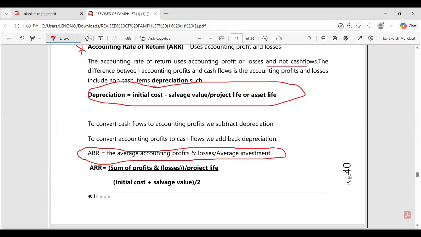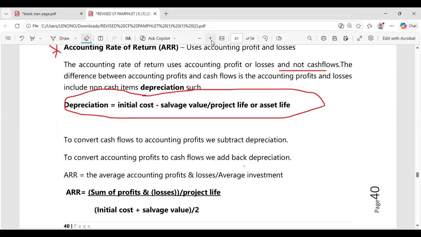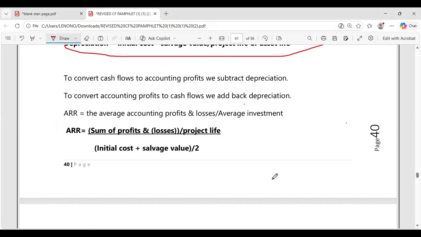Average investment is equal to initial cost plus salvage value, then divided by 2.